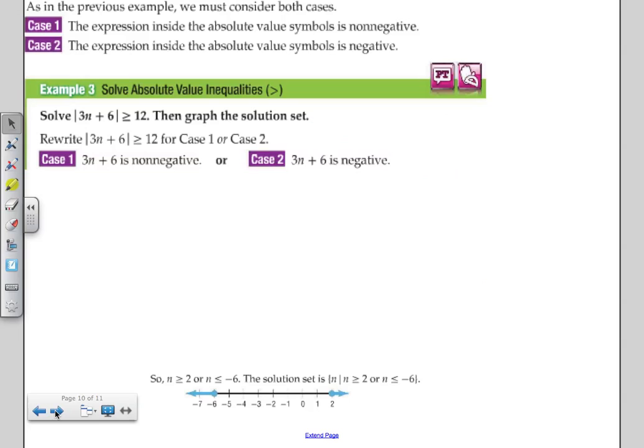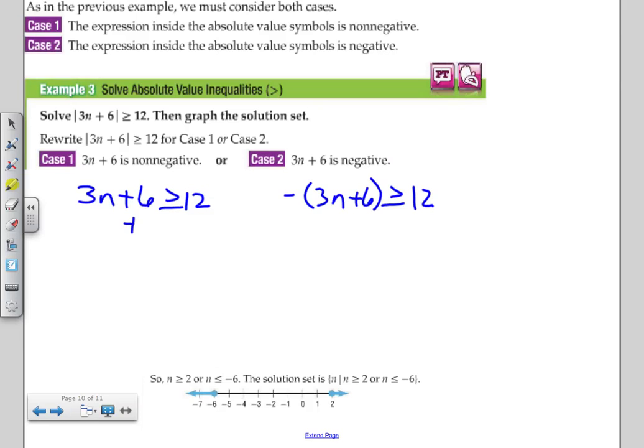Okay, so as with the previous case, we're going to have a non-negative and a negative solution to this. So here we have 3n plus 6 as our non-negative solution. All right, so we have 3n plus 6 is greater than or equal to 12, and we're going to have negative 3n plus 6 is greater than or equal to 12.